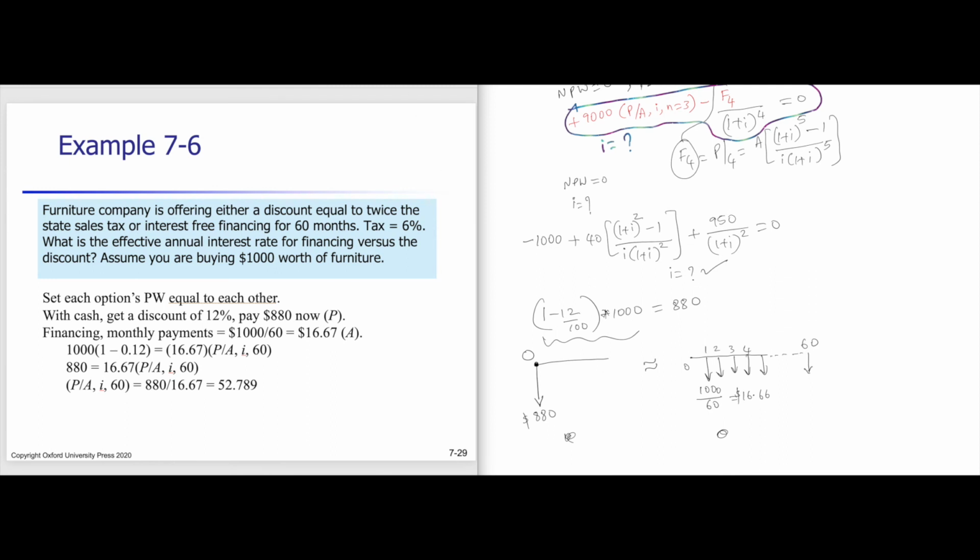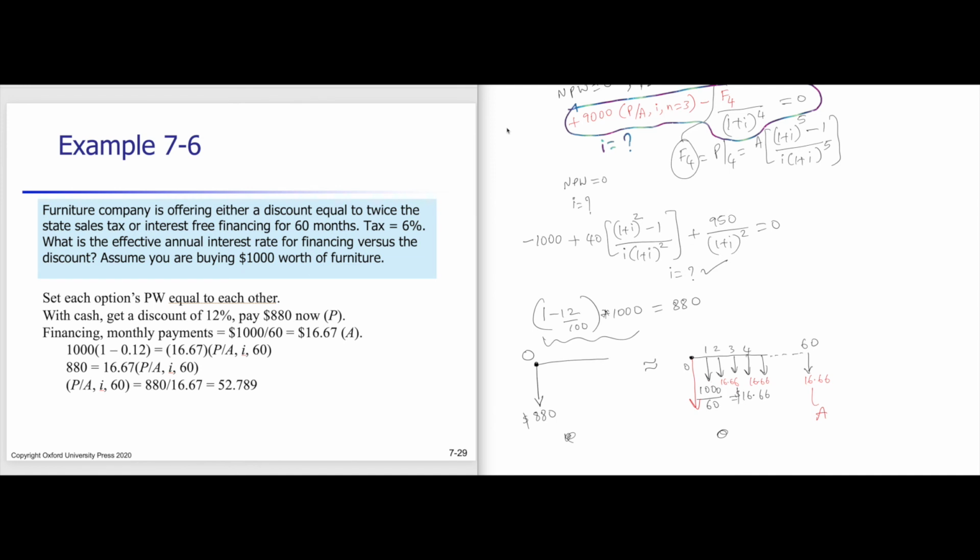Because we need to compare these two situations, we convert all these 16.66, 16.66, and so on, which is nothing but A, right? We convert this A to P, and we compare it with the other one, using a certain interest rate, I.